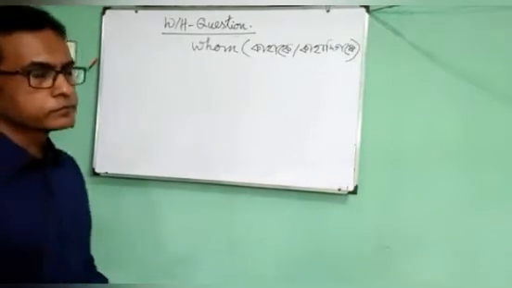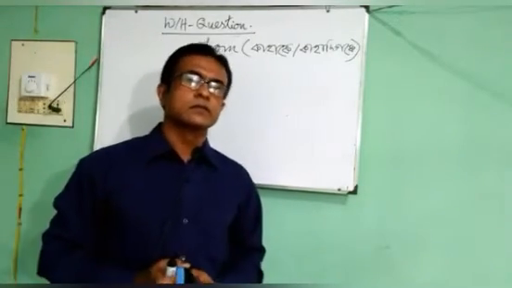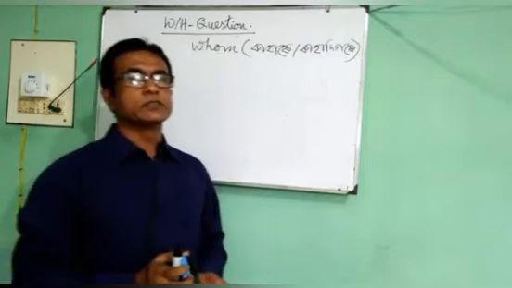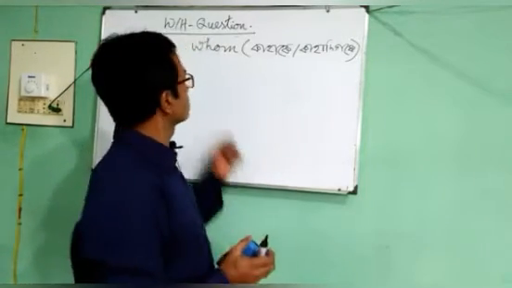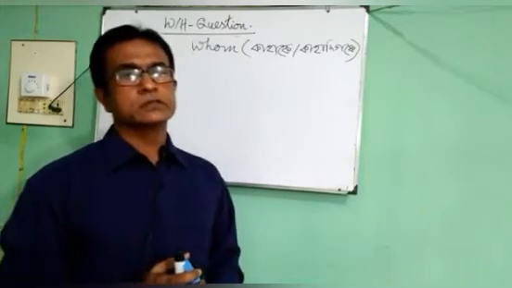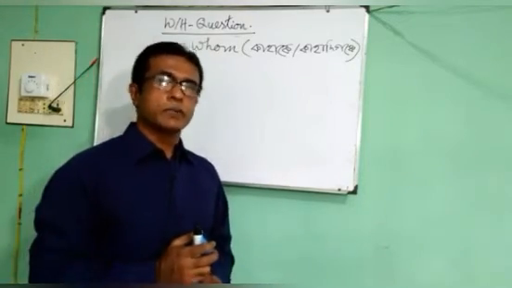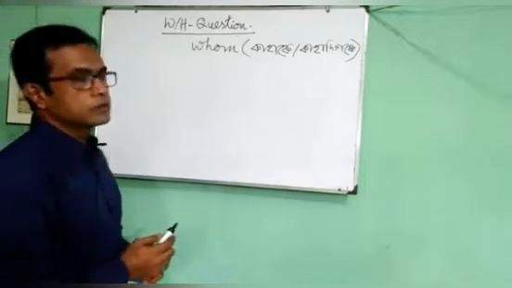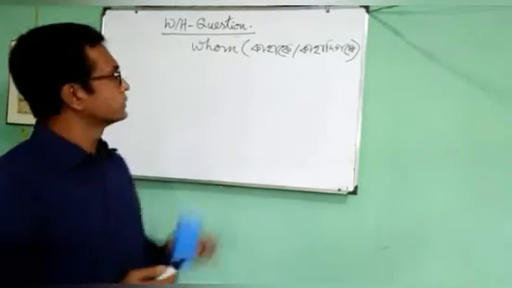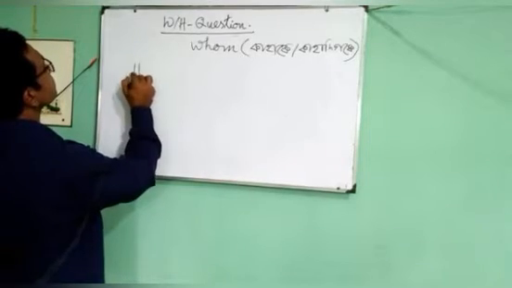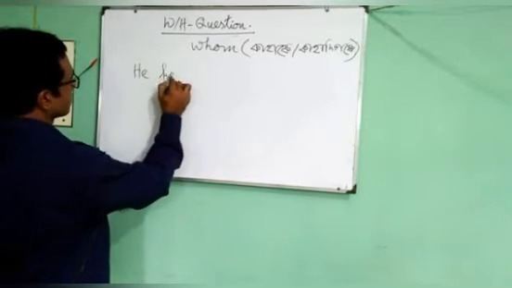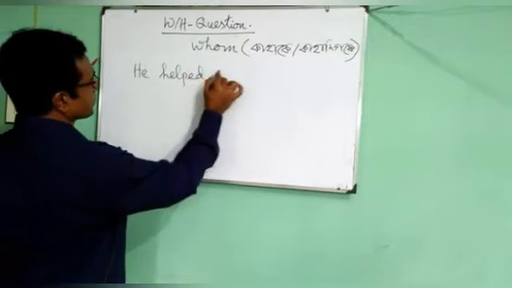Dear learners, if the object of a sentence is personal or indirect, it may be regarded as an indirect object or personal object. Then we can make a question using whom. For example, he helped Rina.